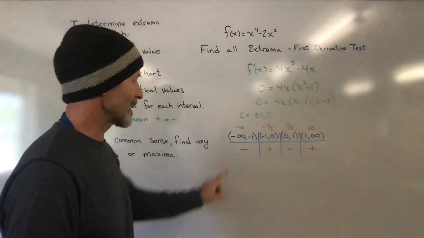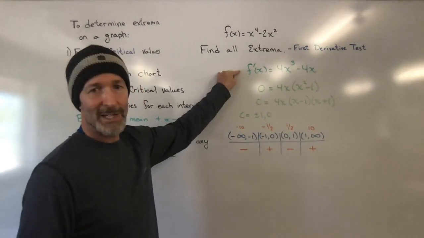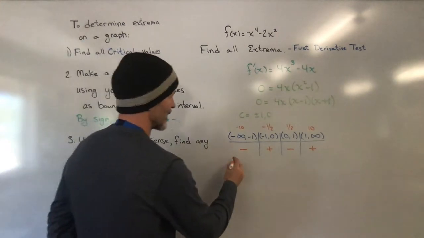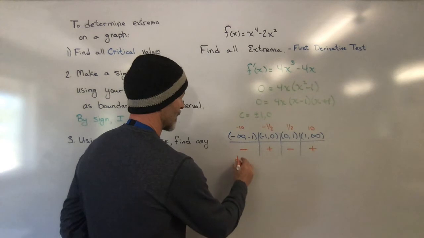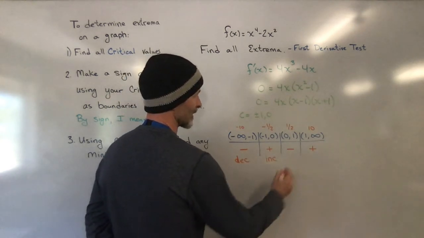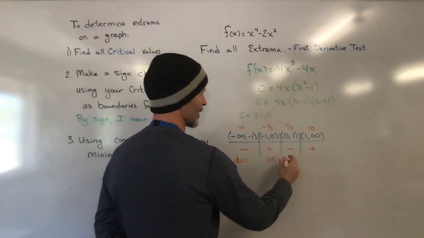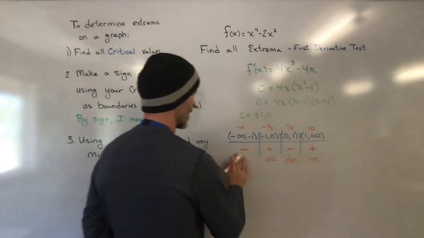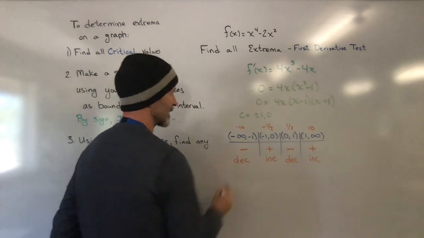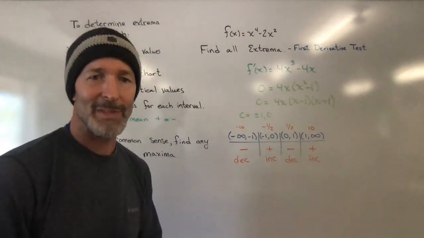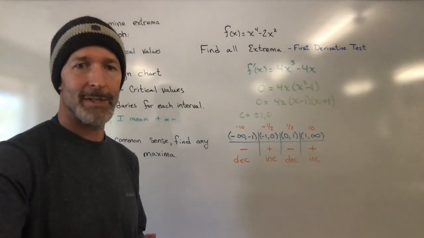And here's what this means. I was plugging these into my derivative. That means when I look at a negative number, my graph must be decreasing there. When I look at positive numbers, I know the slope, or the derivative, will be positive, so the graph is increasing. When I look at all those intervals that are increasing and decreasing, I bet you can figure out where my maximums are going to be and where the minimums are.